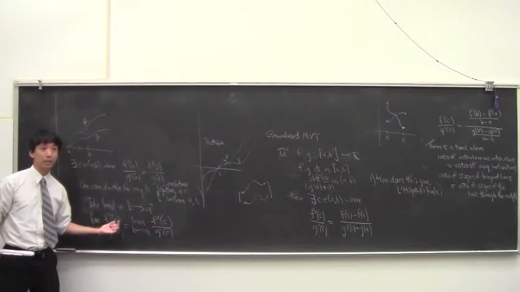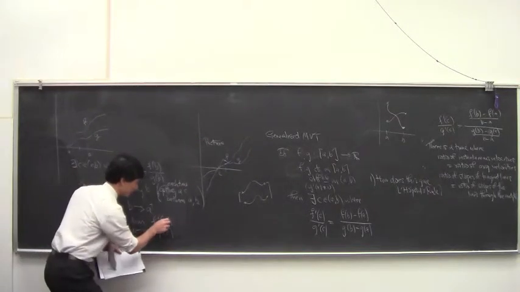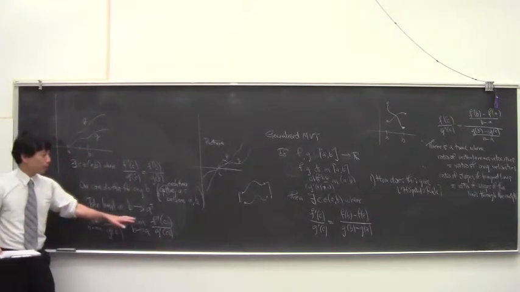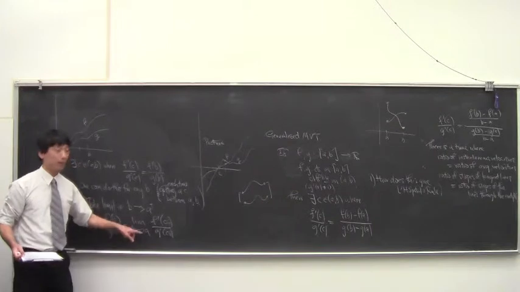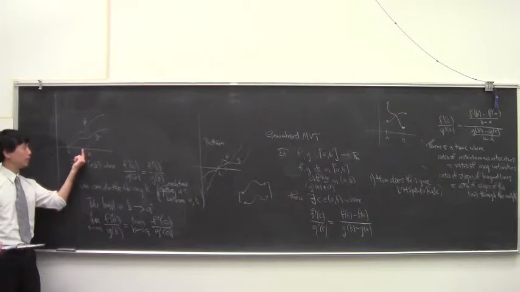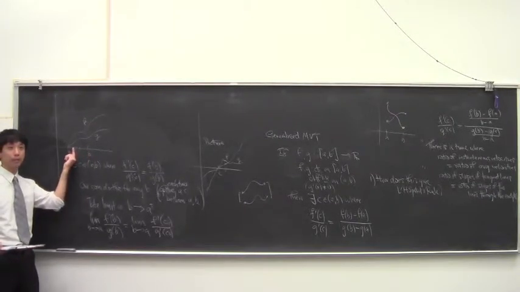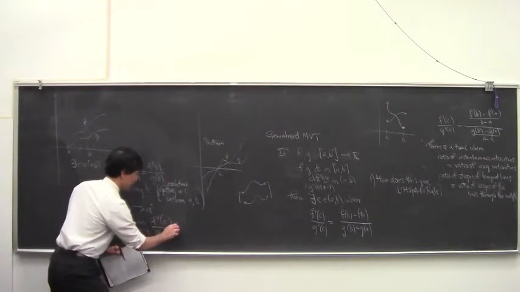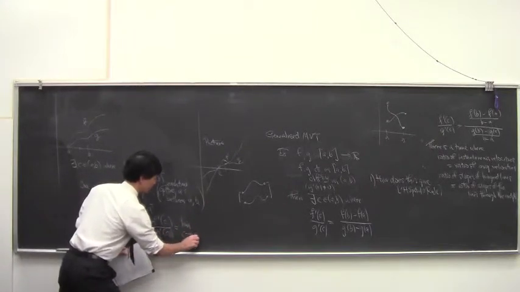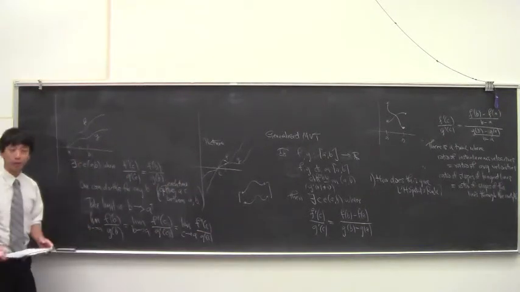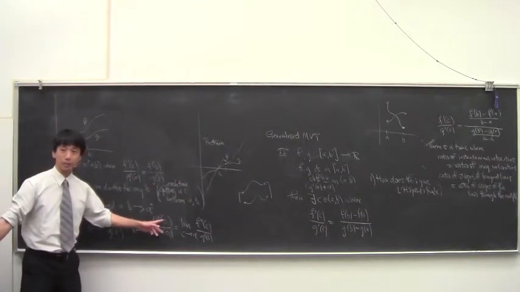As the b changes, the c changes. So this really depends on b. But as b goes to a, what happens to the c? As b moves in, the c also moves in. So I might as well say this is the same thing as the limit as c goes to a of f prime c over g prime c, because as b goes to a, the c goes to a.